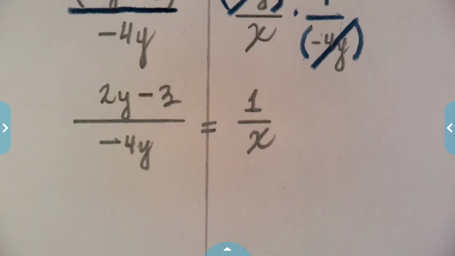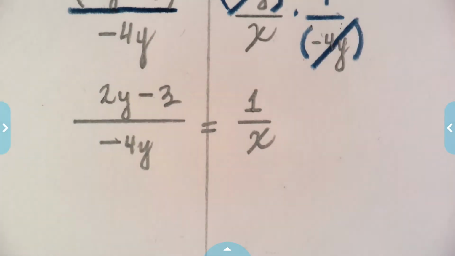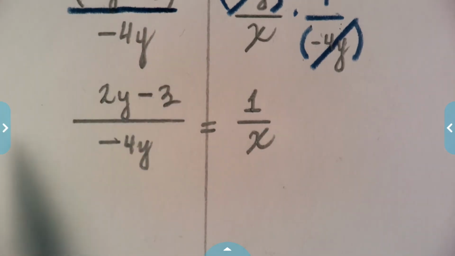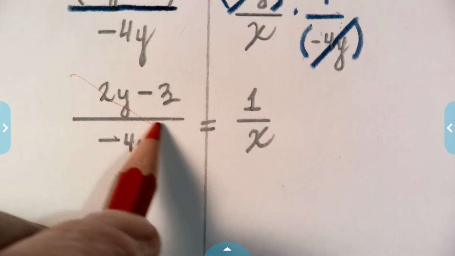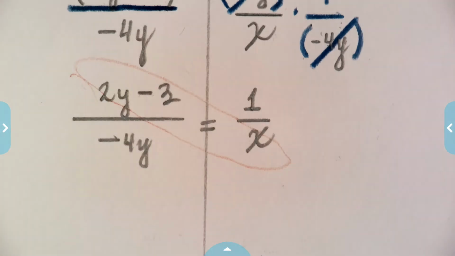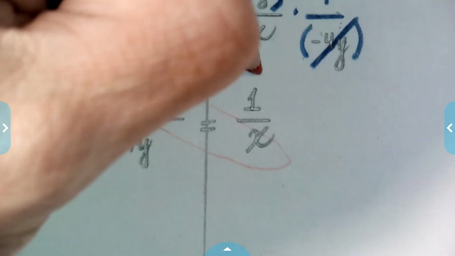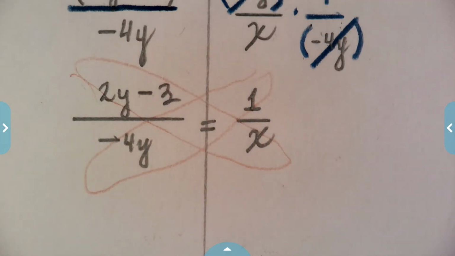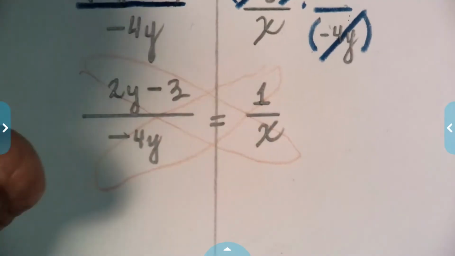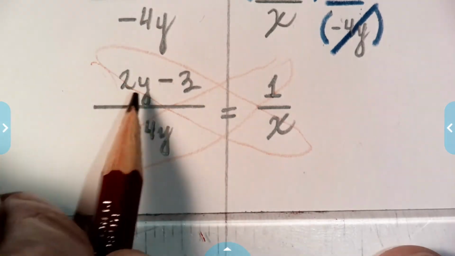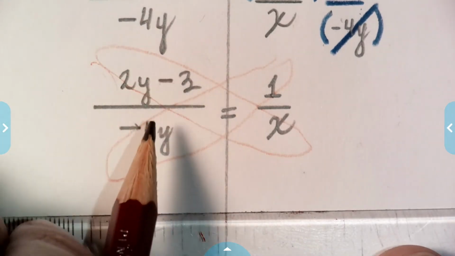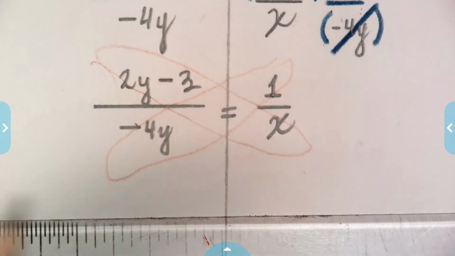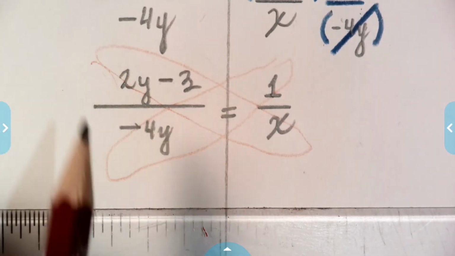Okay, so now what we have here is a proportion, and we're essentially going to do the butterfly method. That butterfly method is like this. We cross multiply and divide, sort of. Okay? So that's what we're going to do. We're going to say 2y minus 3 is going to be in parentheses, and then we're going to distribute that x.